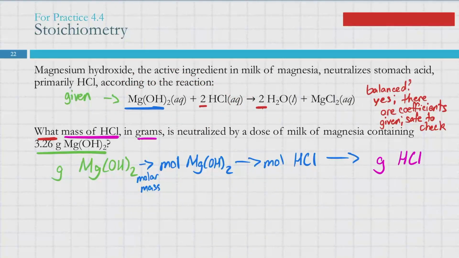So the two things we care about, MgOH2 and HCl. We're using the ratio here. It's 1 MgOH2 reacts with, we can write that as equals, 2 HCl.